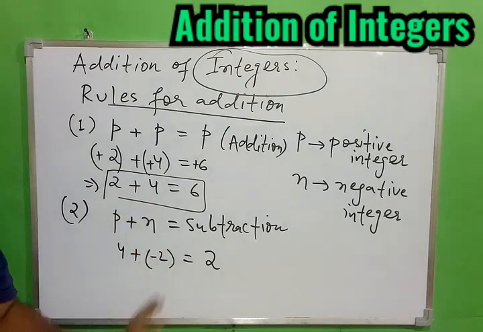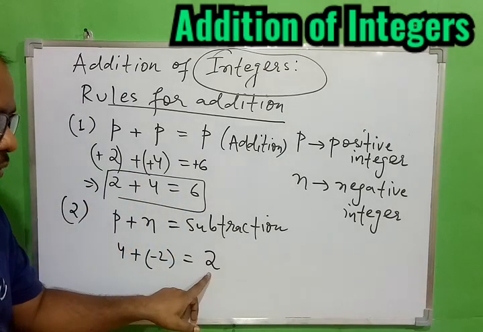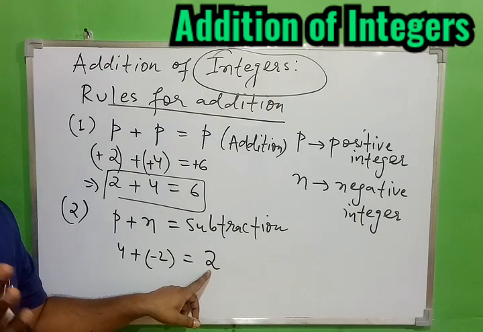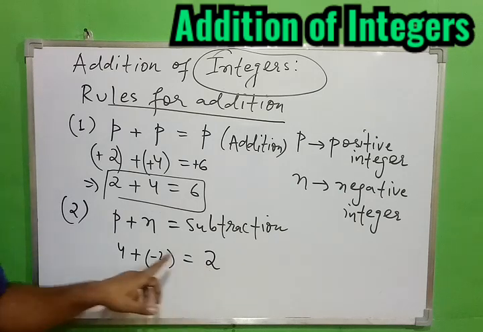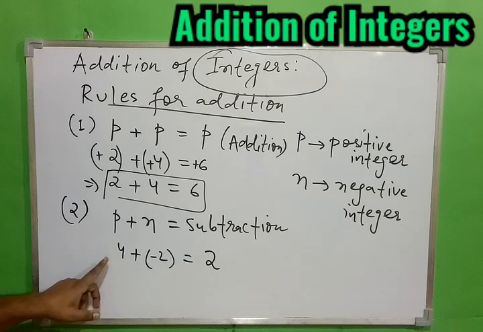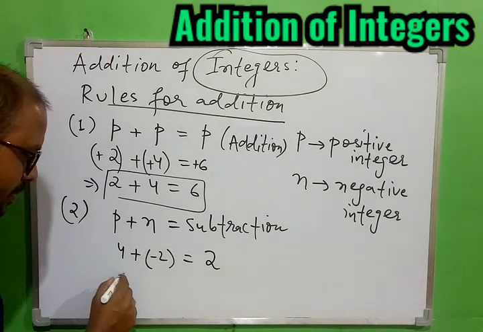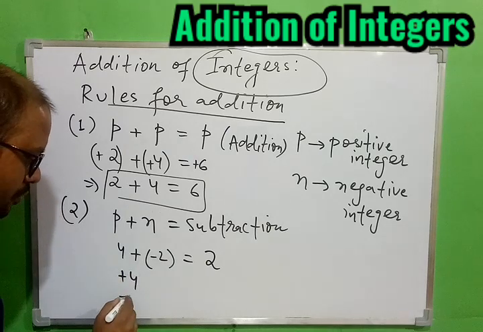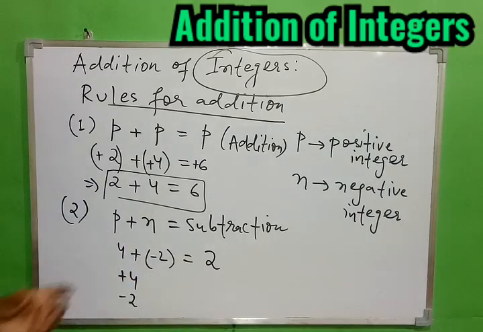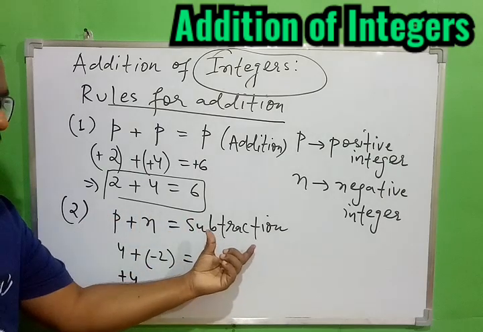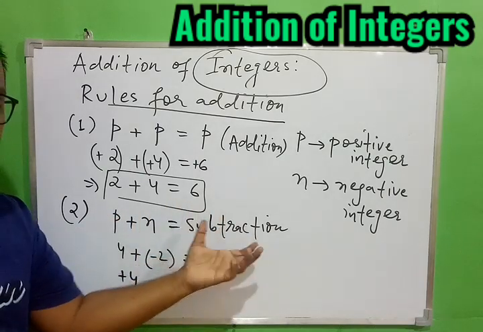Okay, this is one thing. The second thing is, the answer which is coming, that is 2, can be positive or negative, and for that we have to look at both the numbers again. Here we have 4, which we can write as plus 4, and here we have minus 2. We understood that if we have a positive and a negative integer, overall it will be subtracted.